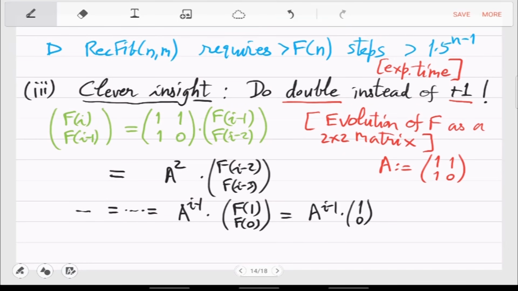So what we have learned from here is that f of n is equal to the 1,1 entry of A to the n minus 1.